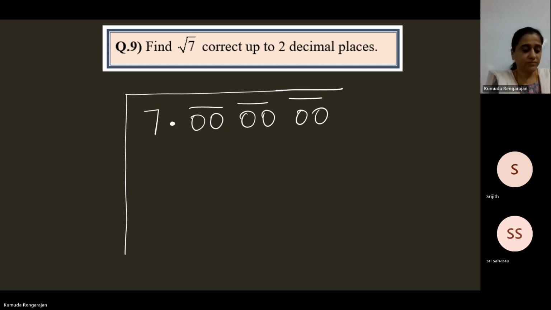Continue. One more digit you have to get. That's all, because we have only 3 pairs. So for every pair, you'll get one digit.